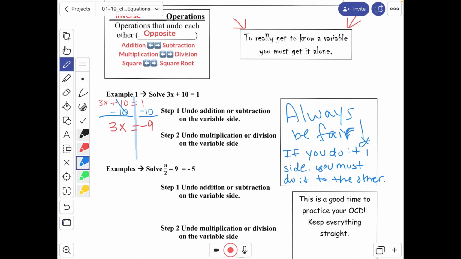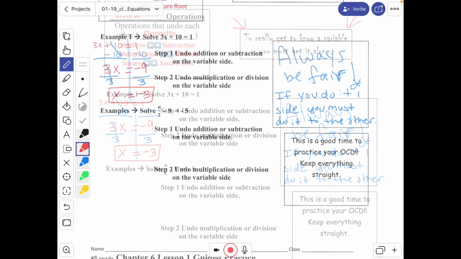So the opposite of multiplying by 3 is dividing by 3. We want to divide both sides by 3. When I do that, 3 divided by 3 makes 1. And 1x is just the same as x. On the right side, we have negative 9 divided by 3, which is negative 3. So now the x is alone and we know its value.